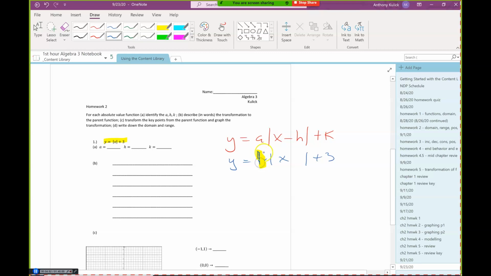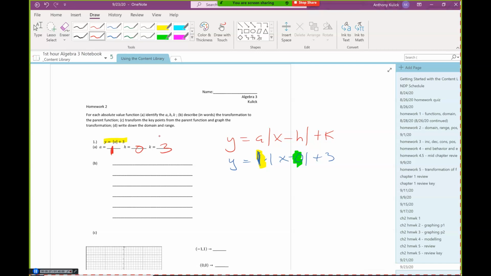So I know there's really kind of a 1 there. And then I also notice that there's nothing being added or subtracted inside the absolute value. So if there's no number written there, what number do we know is there? 0, because it's adding or subtracting, right? So there I can see, hopefully it's easy to see that A is 1, H is 0, and K is 3.